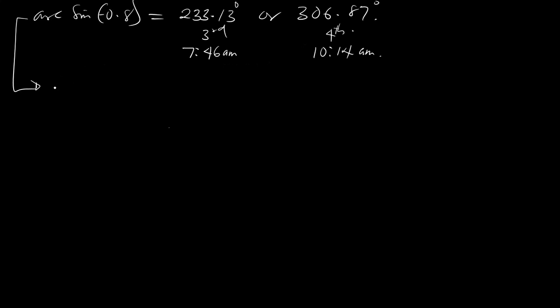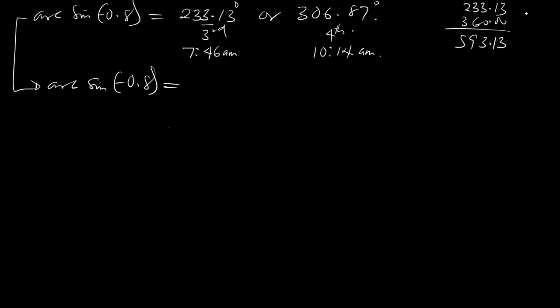Now for this other set of values where the arc sine is also minus 0.8, another angle is obtained by adding 360 to each angle. If you add 360 to 233.13, you have 593.13.